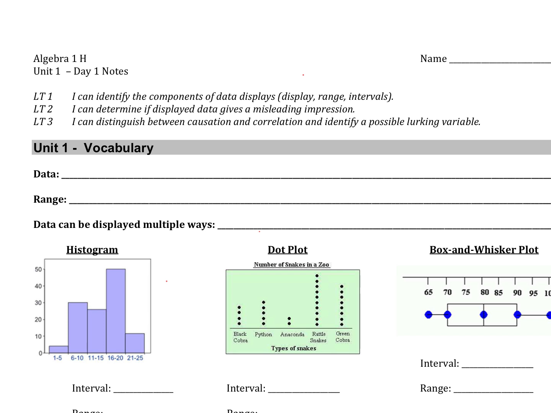All right. So let's go over some vocabulary. So data. We're going to be talking a lot about data in this unit. So when we're talking about data, we're talking about things that have been collected and they are used for analysis and reasoning.